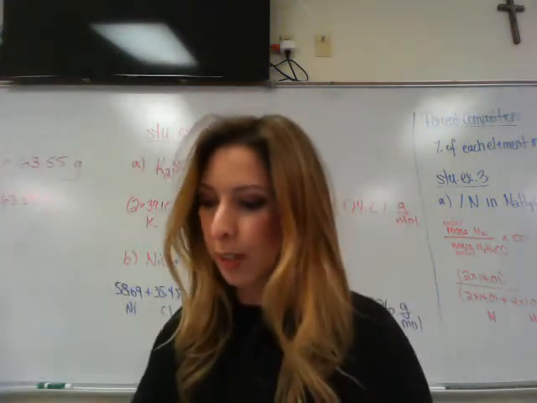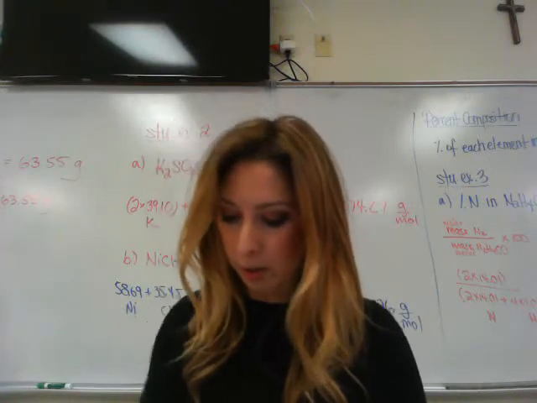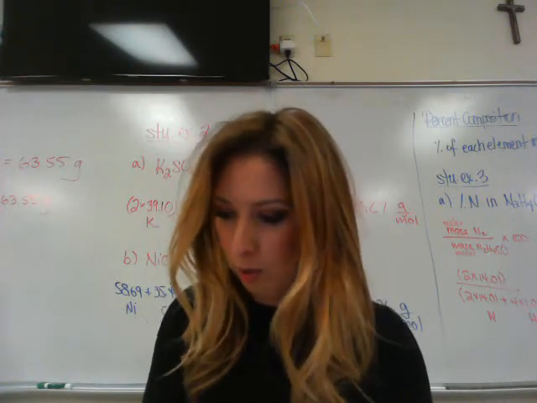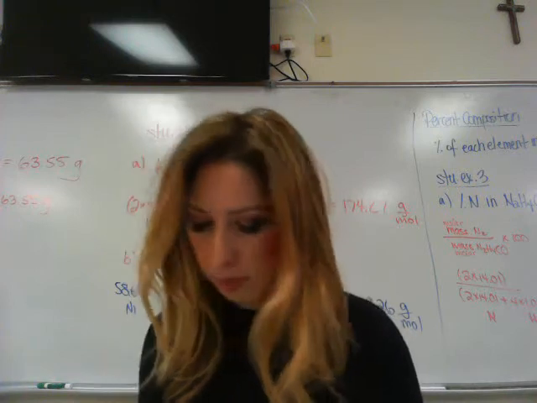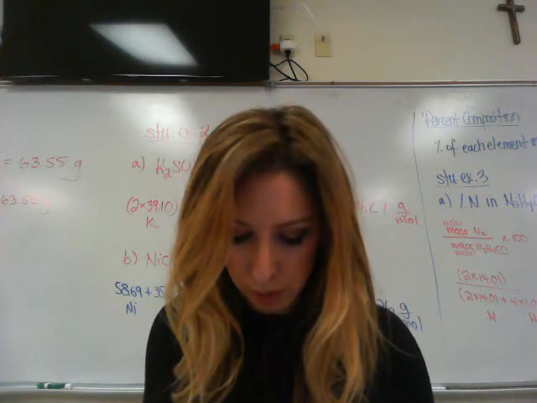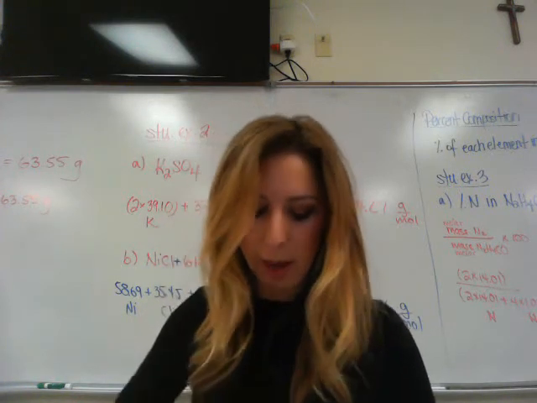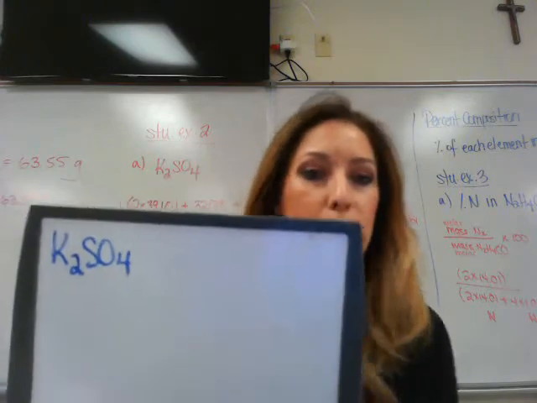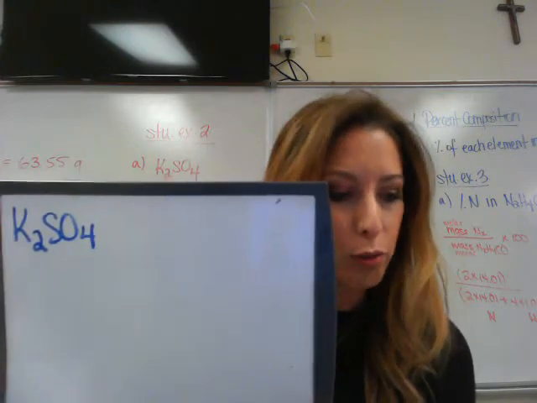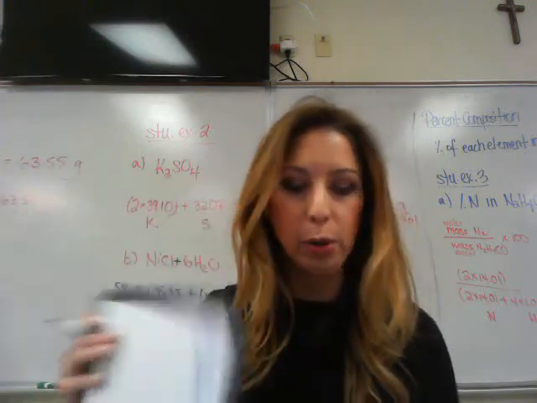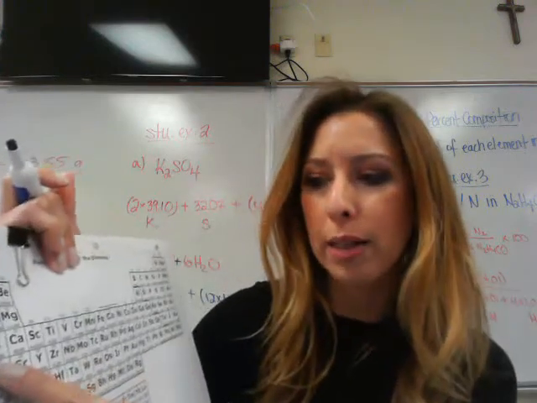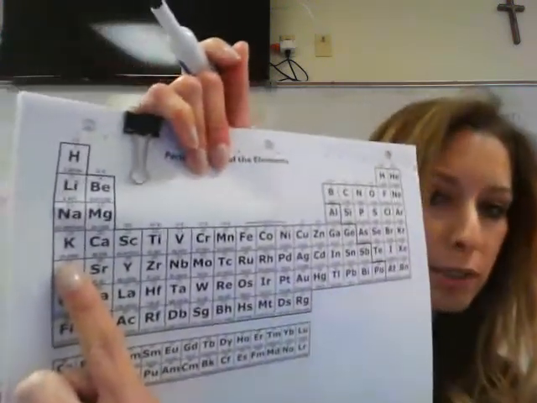Okay? Now, this is for pure elements. If we want to do something like a compound, then we're going to take a look at student exercise number 2. So for student exercise number 2, I gave you 2 different compounds. The first compound is potassium sulfate, which is K2SO4. If I look at potassium on the periodic table, potassium has a mass of 39.10 if I round it 2 places past the decimal.